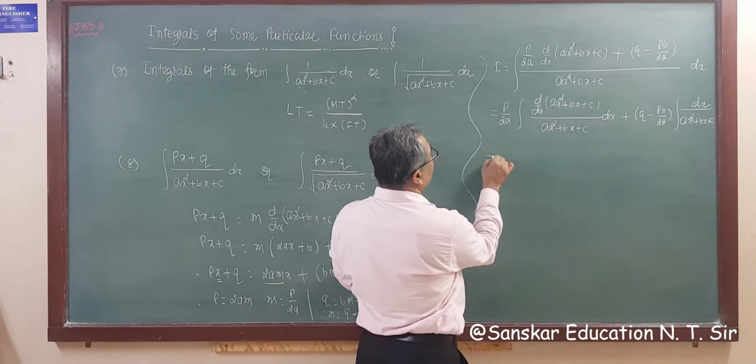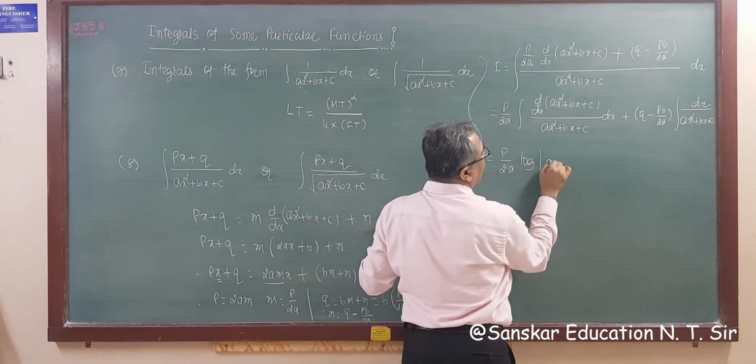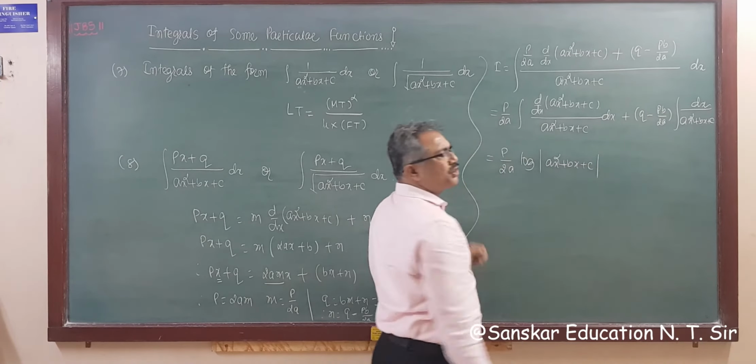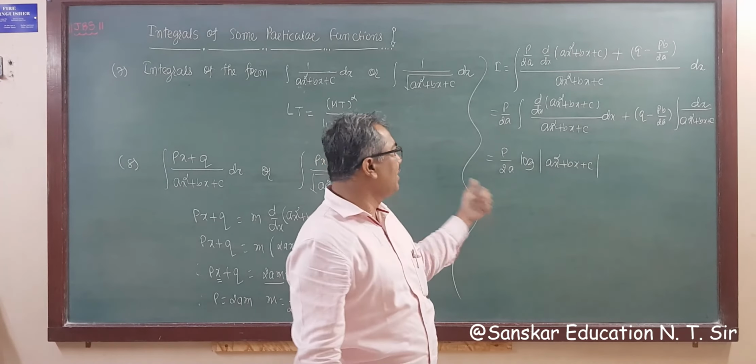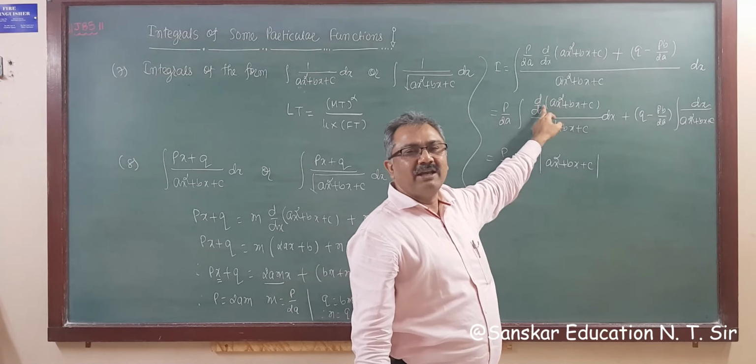So here you get p upon 2a into log of ax square plus bx plus c. In each and every example of this type, this is the fixed formula: the derivative of the denominator must be in the numerator.